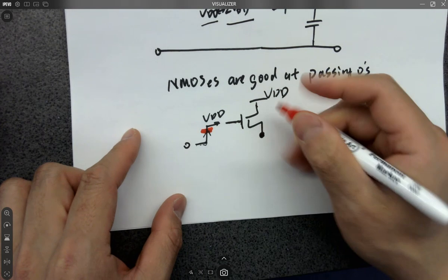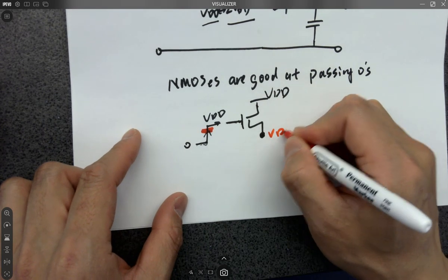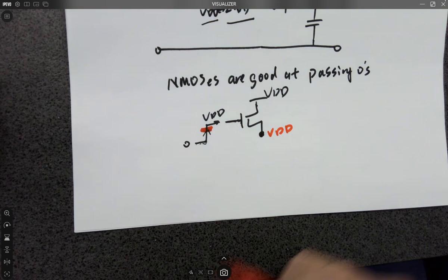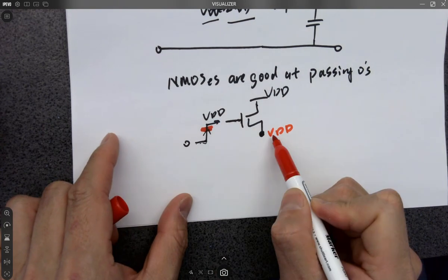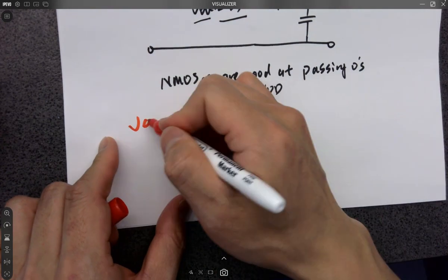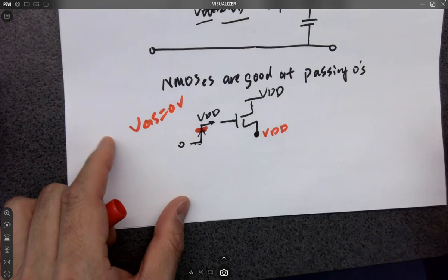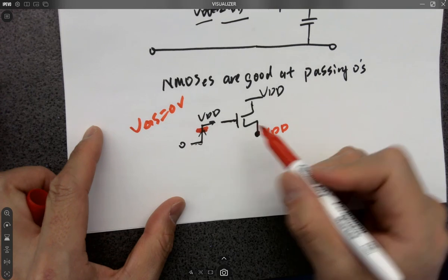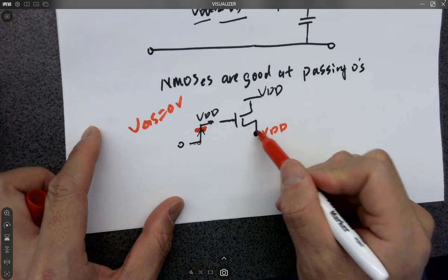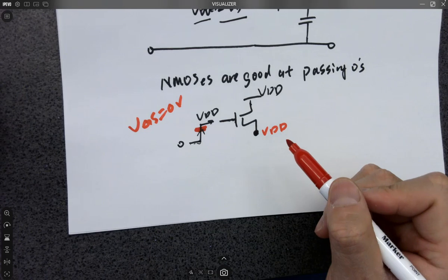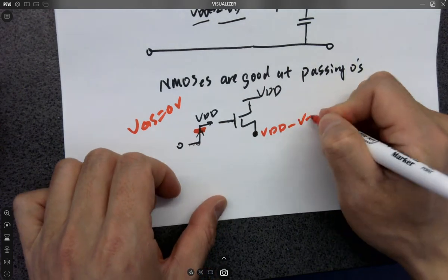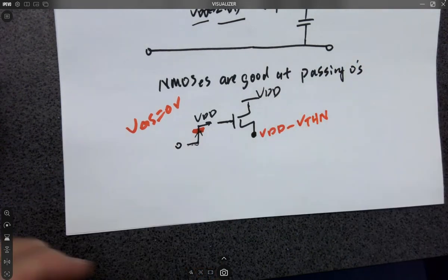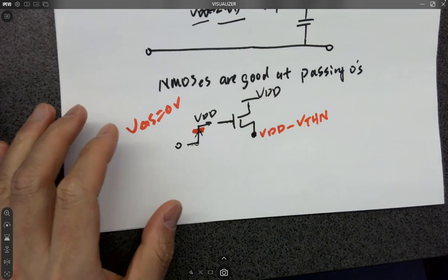The reason is, if we're assuming this is able to pass VDD, then eventually your VDD minus VDD is going to be 0, right? So VGS becomes 0. It won't happen, okay? So it's going to stop at which point? What's the maximum voltage you can have over here at the source? It's going to be VDD minus VTHN. Why?